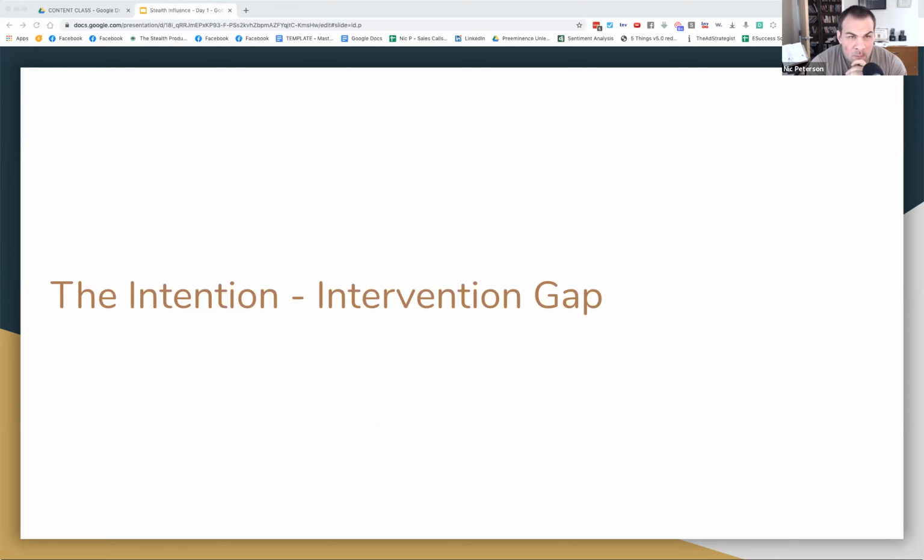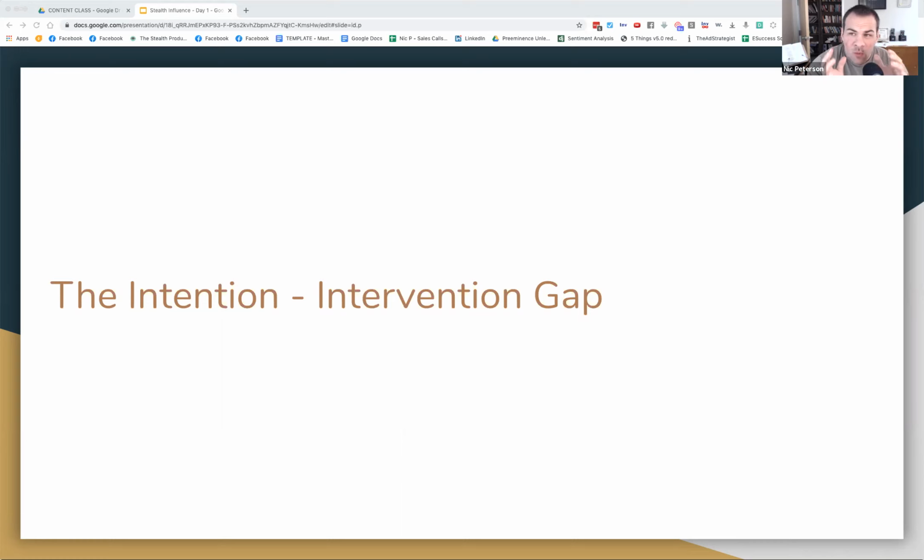Giving you better and better exercise programming is not going to make it easier to sell. You're not going to have better results, because until you actually follow the plan, nothing's going to happen. If you've ever seen my stuff, all my trainings about micro steps are about closing the intention-intervention gap.